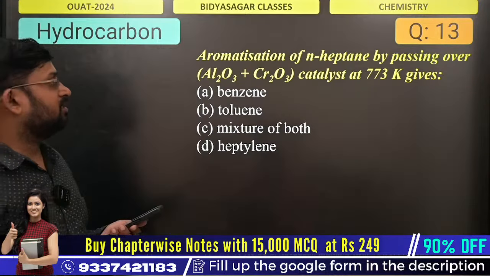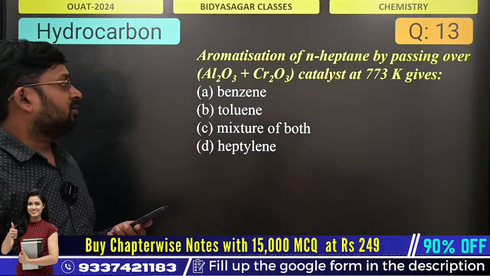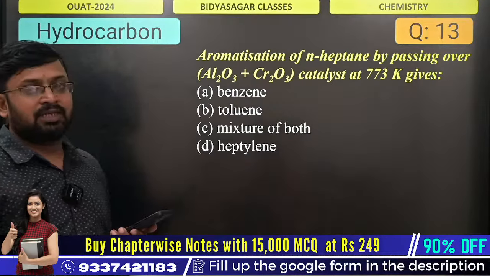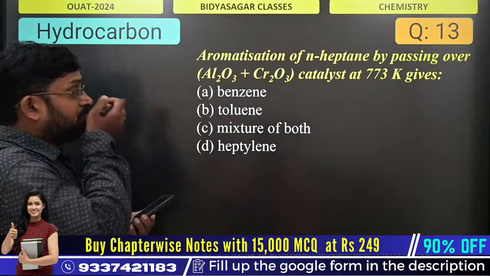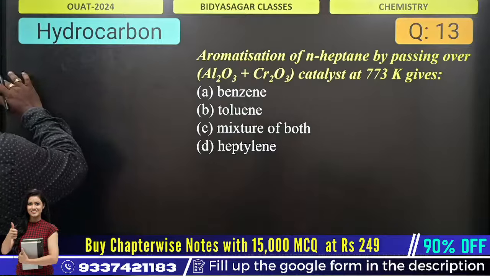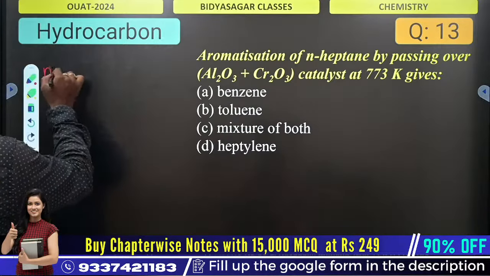So aromatization of n-heptane by passing over Al2O3 plus Cr2O3 catalyst at 773 Kelvin, what will it give? We have already done this type of problem. So it is your n-heptane.